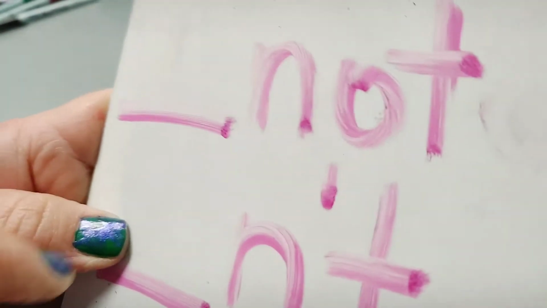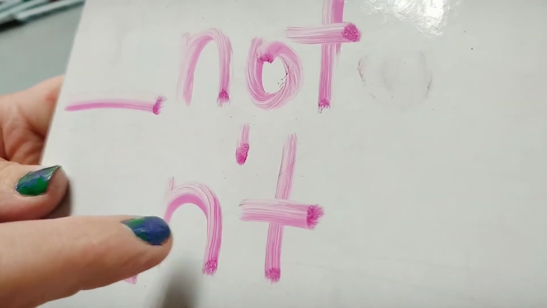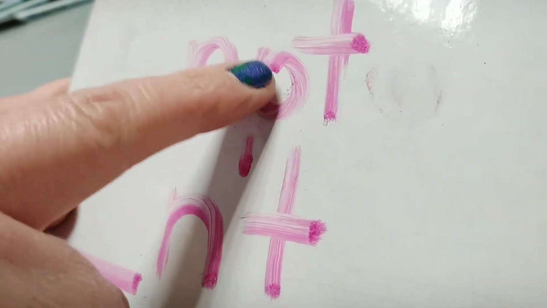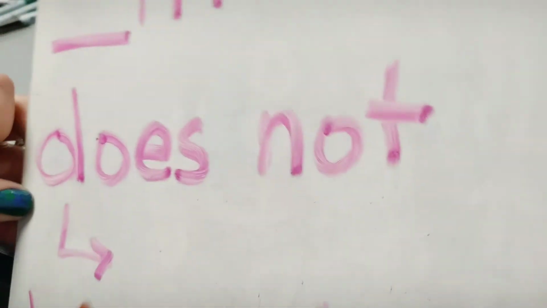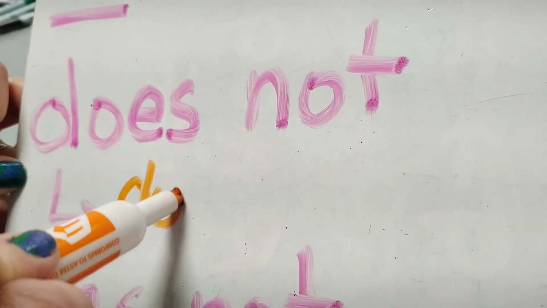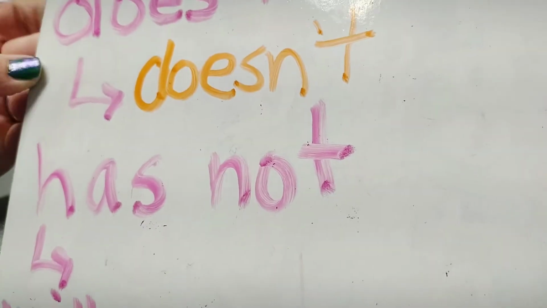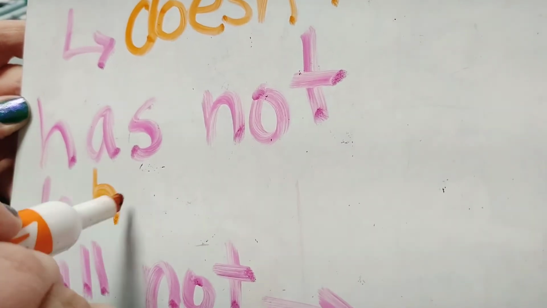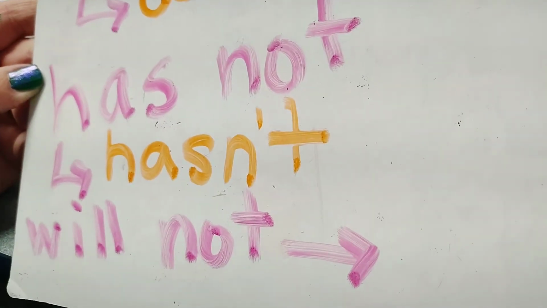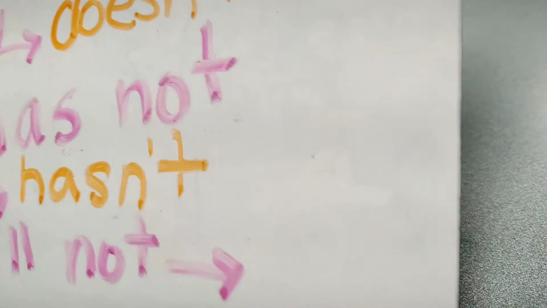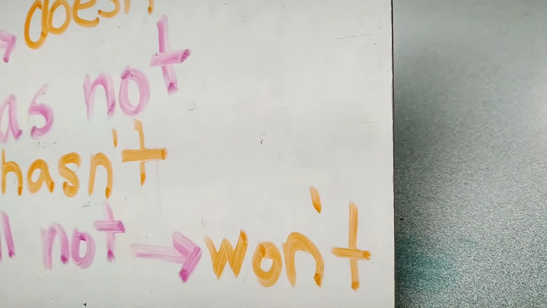And that was the weird one, where you have a word and not, and when you make a contraction, you write that first word, but then you write NT, and that apostrophe takes the place of that O. So instead of does not, it becomes doesn't. Has not becomes hasn't. And will not was that super weird one. Will not becomes won't. Okay.